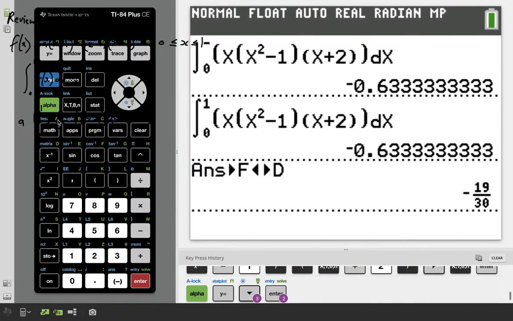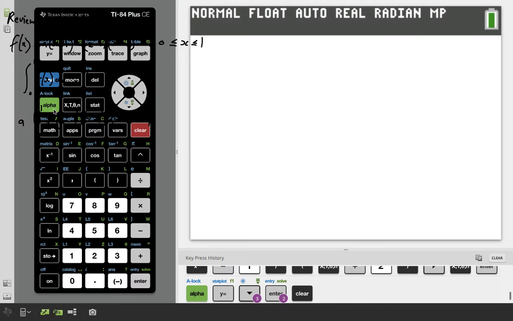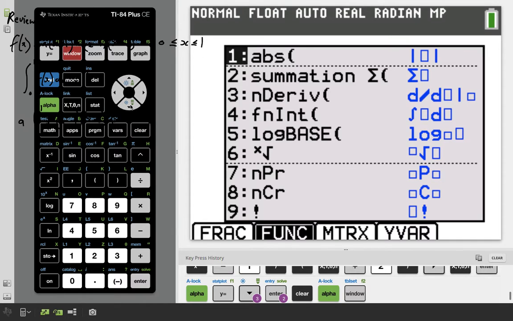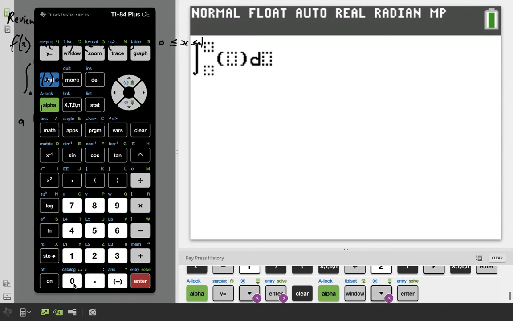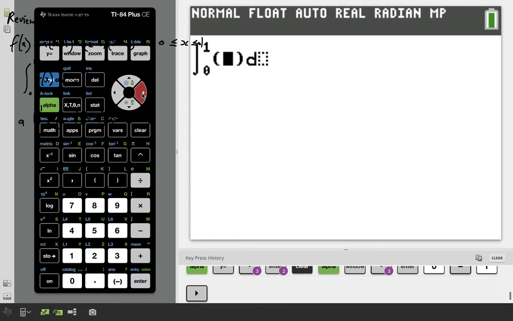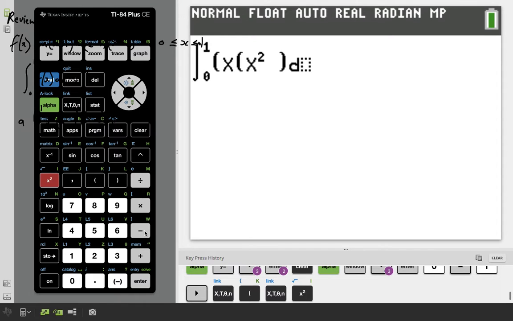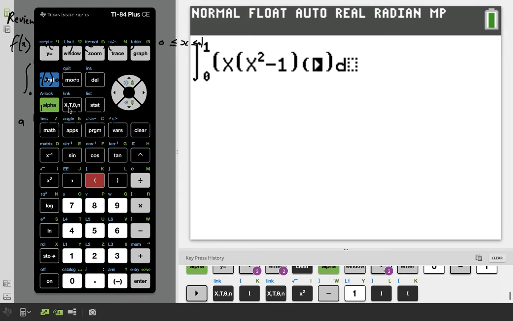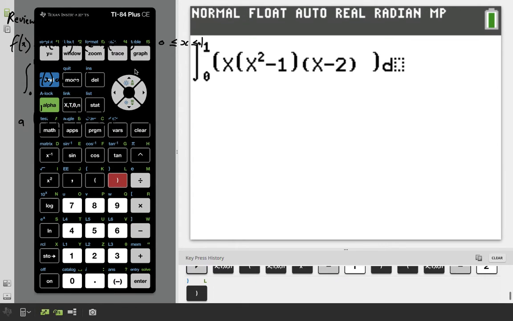So to the calculator, just clear that. I get to the integral through the green alpha keys, integrating across the range of the domain of the function, x brackets x squared minus 1 brackets x minus 2 dx.